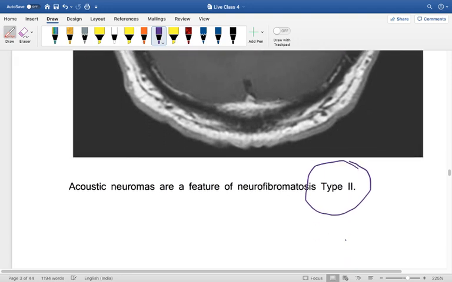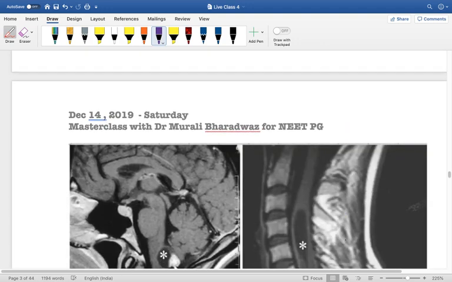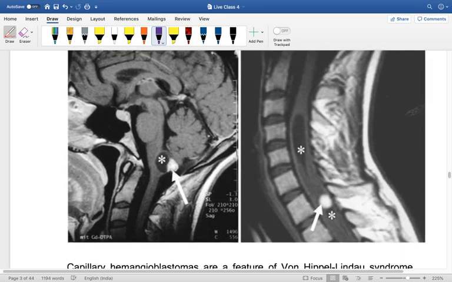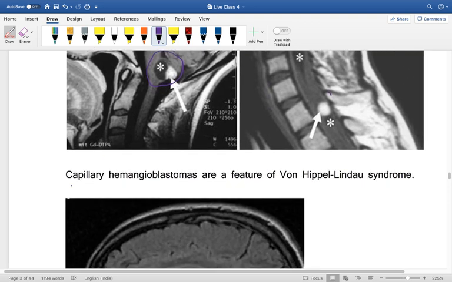That's what you are going to remember. Tell me, doctor, what are you able to see here? You are seeing something here, and here also. What is this something? These are capillary hemangioblastomas, which are the feature of von Hippel-Lindau syndrome. Classical question in tomorrow's exam.